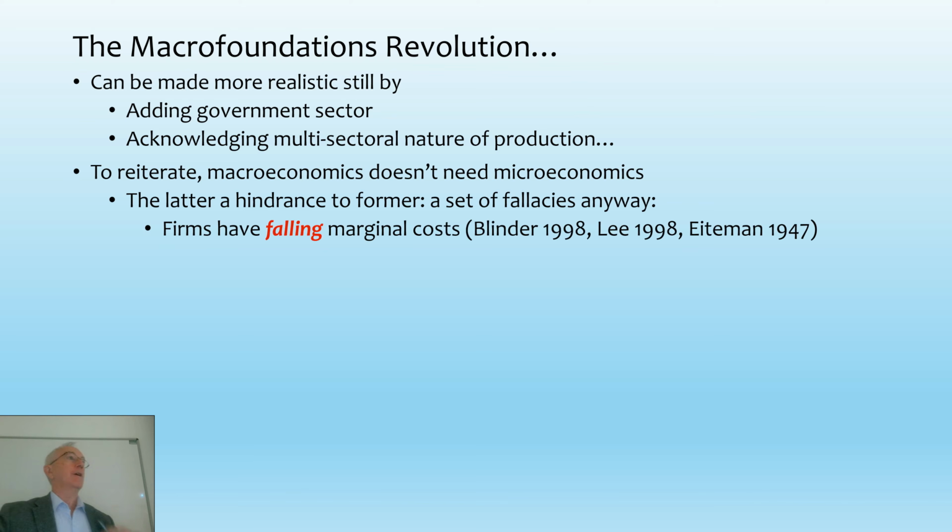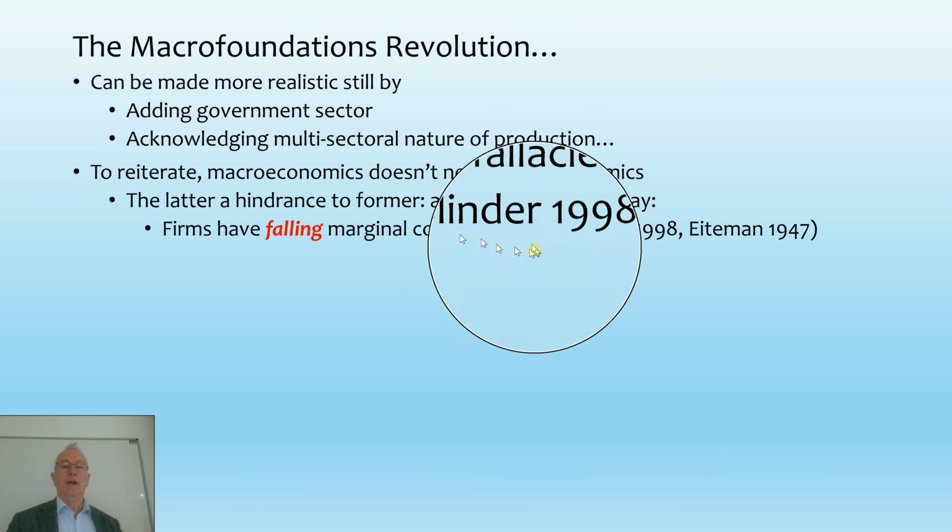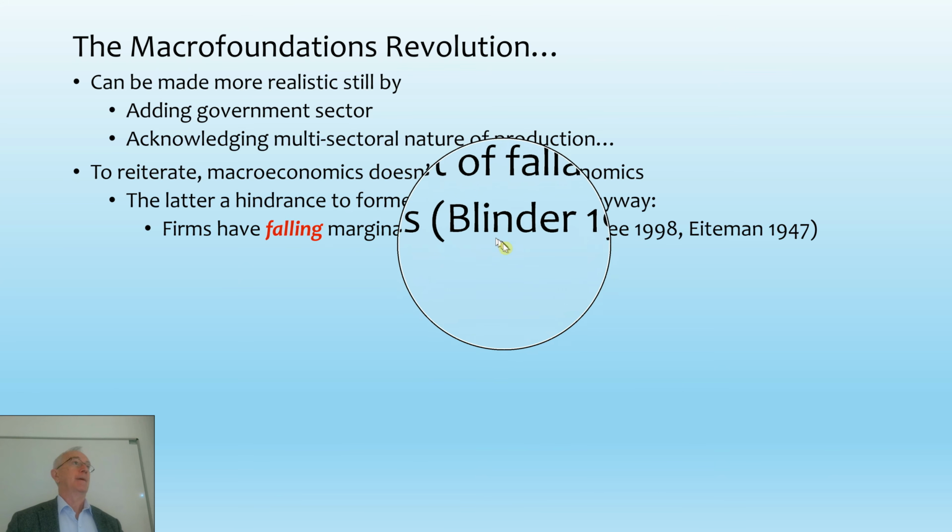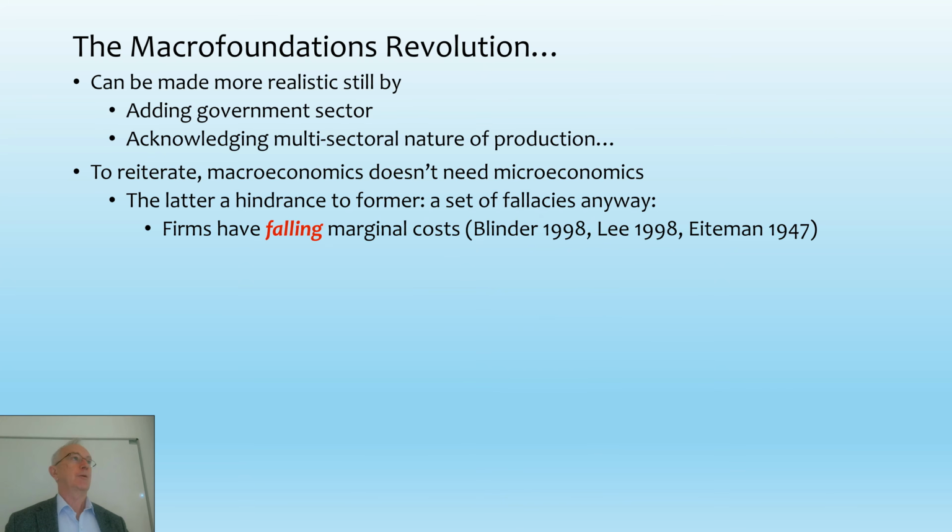And just to repeat, firms have falling marginal costs. The best article on that, the best book on that is by Alan Blinder. Not because it's a good book, it's because Alan Blinder was deputy president of the American Economic Association when he found this out. He had no idea that there'd been all this research by post-Keynesian economists showing marginal cost falls. He found it out by accident. So chapter 4 of that book is a remarkable statement of empirical data by somebody who wasn't expecting to find what he found.